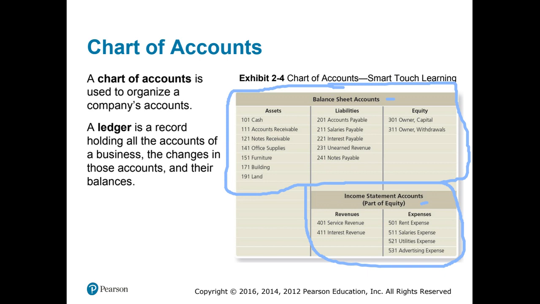Now, looking at our asset accounts, we have cash, accounts receivable, notes receivable, office supplies. We have all of these different asset accounts listed here. Next to them, there is a number. So we use a numbering system for our chart of accounts. In this example, they used 3 numbers.